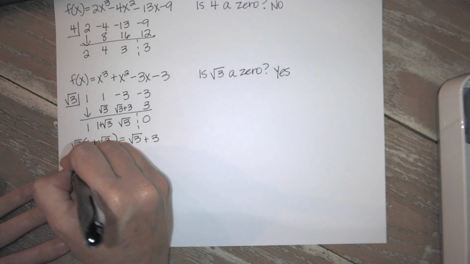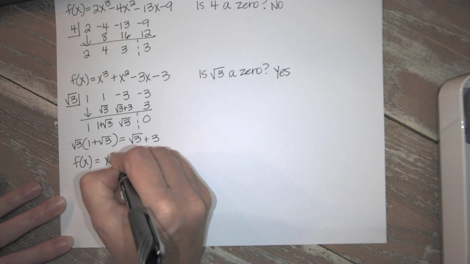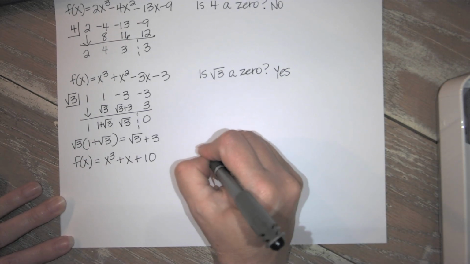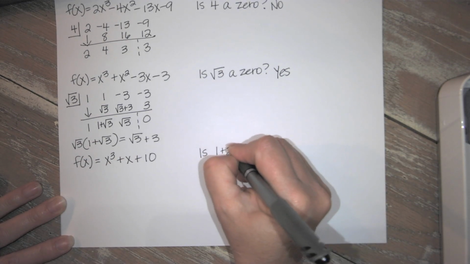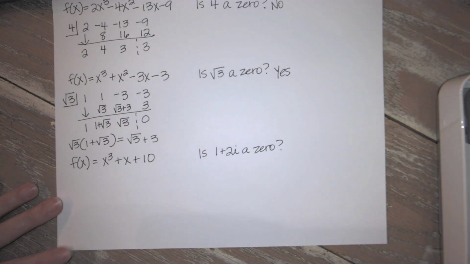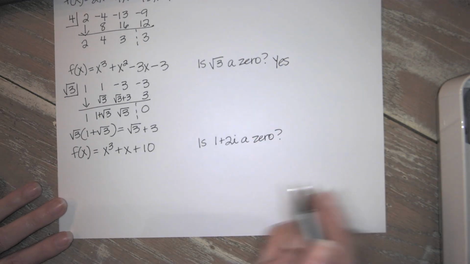One more like this. Here's my polynomial, x cubed plus x plus 10. And I want to know, is 1 plus 2i a 0 of that polynomial function? All right, so I'm going to synthetically divide by 1 plus 2i.